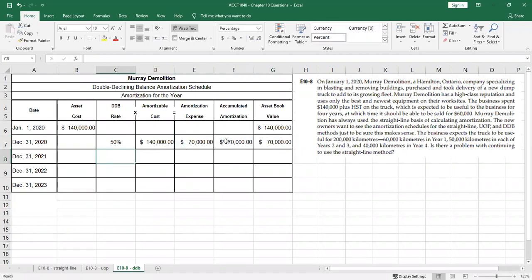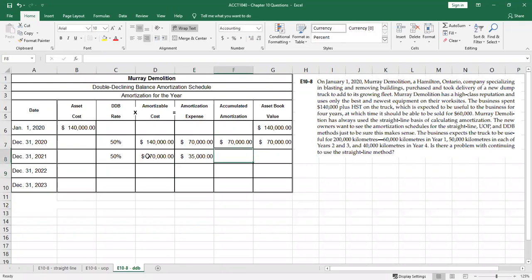Okay, let's move on to the second year. December 31st, 2021. Again, the double declining balance rate is 50%. The amortizable cost is $70,000 in this case because that's what's left over. That's what's left to amortize. 50% multiplied by $70,000 will be $35,000.